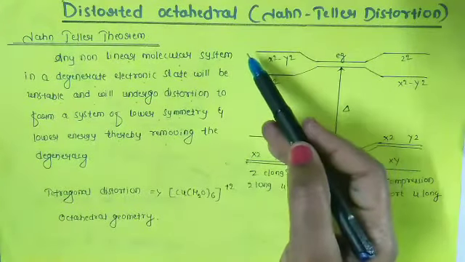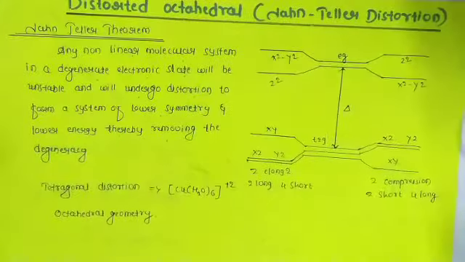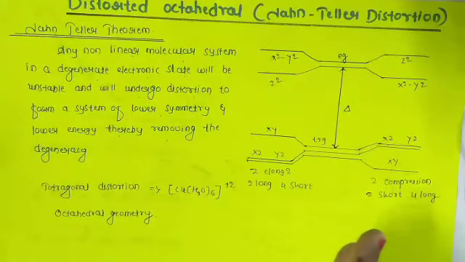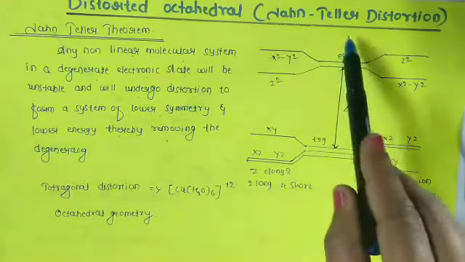Here you can take any non-linear molecule system in a degenerate electronic state; it will be unstable and undergo a distortion to form a system of lower symmetry and lower energy, thereby removing the degeneracy.